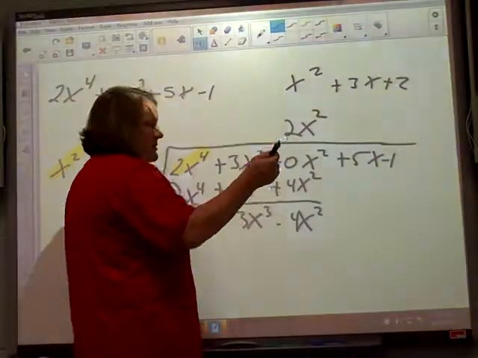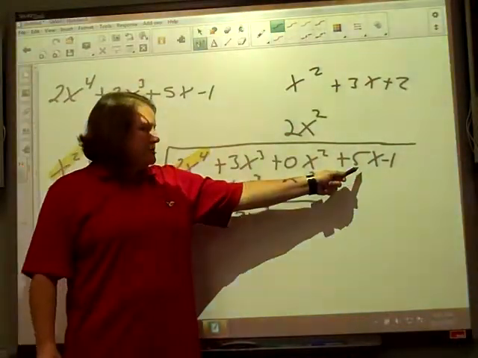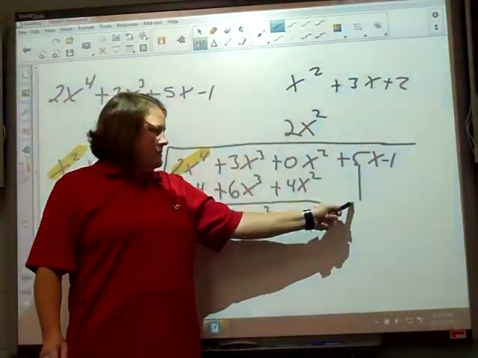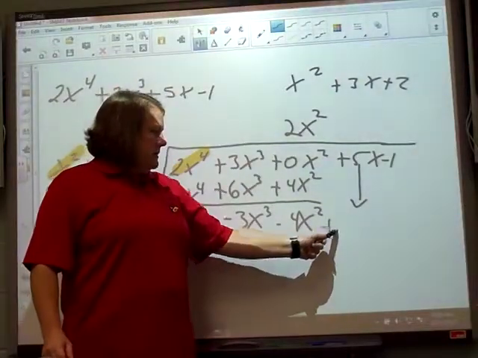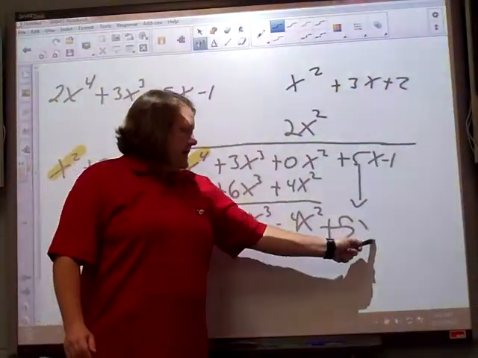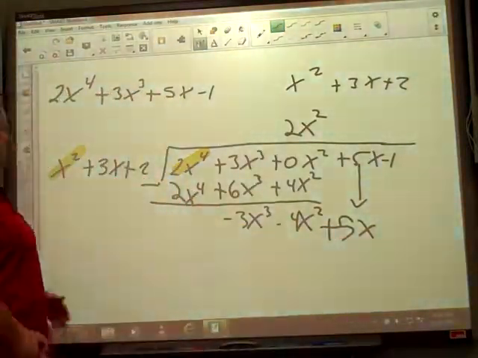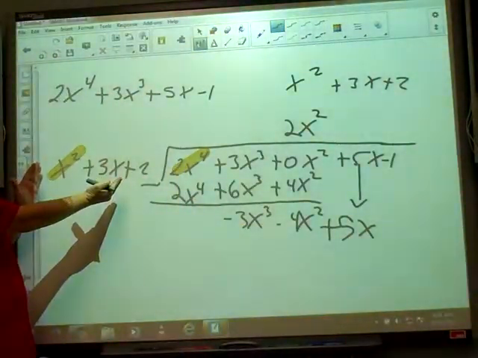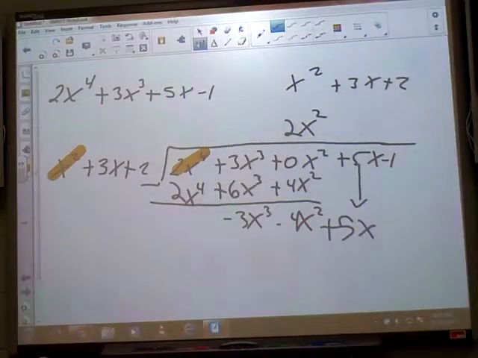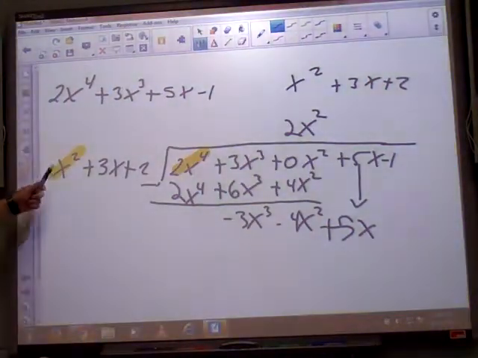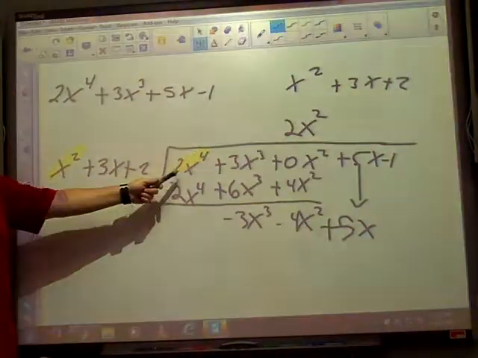And then just like when you were little, after you subtract, you bring the next term down. So we're going to bring down the plus 5x. You always have to have as many here as there are out here.